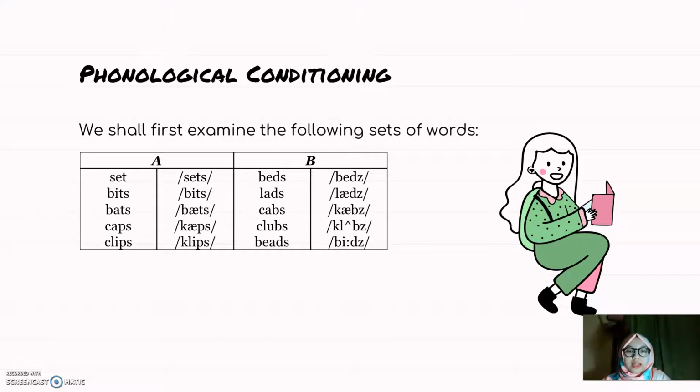This can be explained as due to the final sound of the stem, which is voiced or voiceless. In set A, the words end in the voiceless sounds t and p, affecting the plural morpheme, which also appears as a voiceless phoneme s. But in set B, the stems end in voiced sounds and affect the plural morpheme, which becomes z.